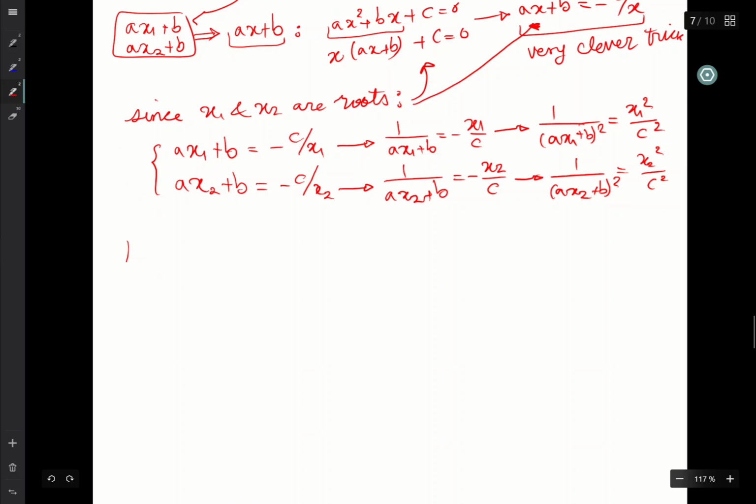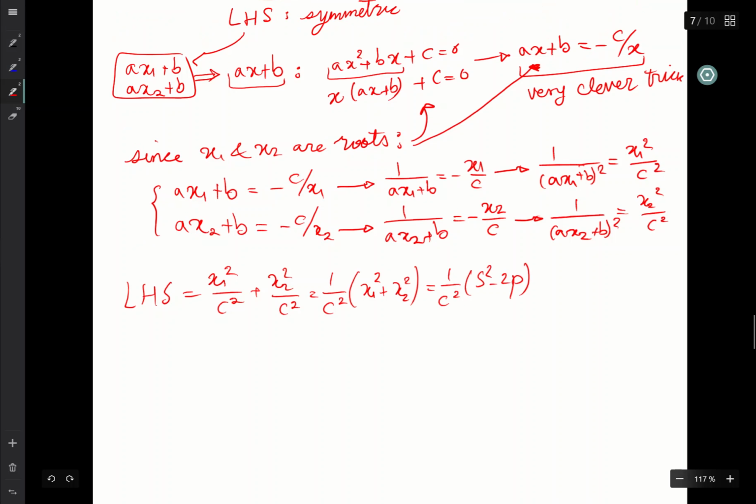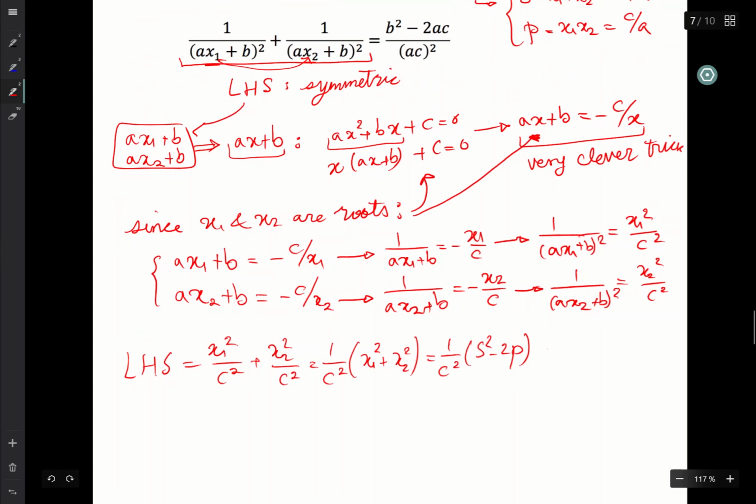And therefore our left hand side is equal to the sum of the two: x1 squared over c squared plus x2 squared over c squared, which is 1 over c squared times (x1 squared plus x2 squared), which is 1 over c squared times (s squared minus 2p), which is equal to 1 over c squared times (b squared over a squared minus 2c over a).